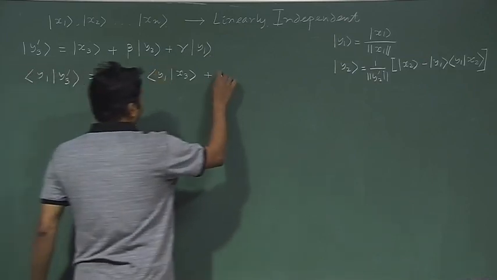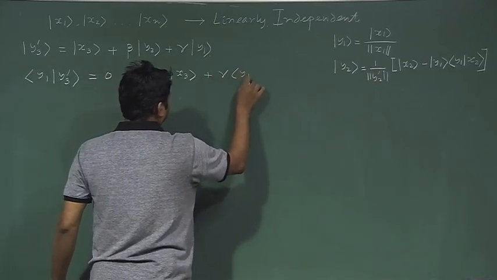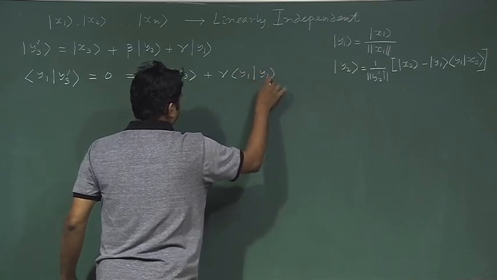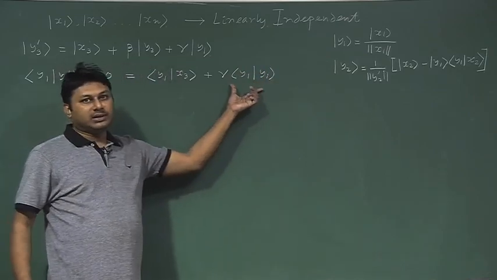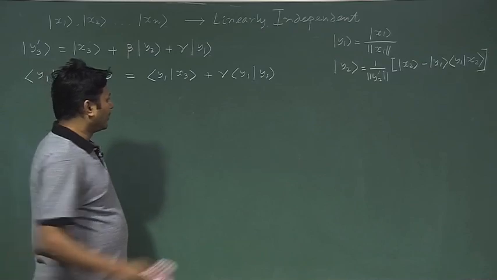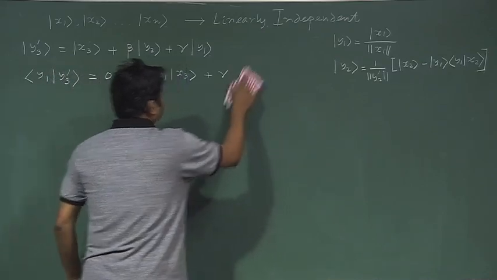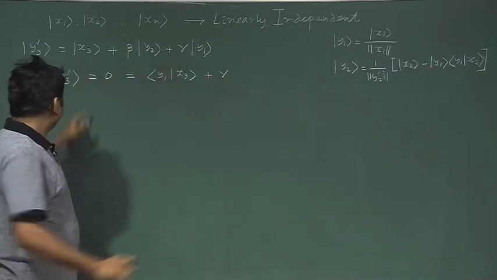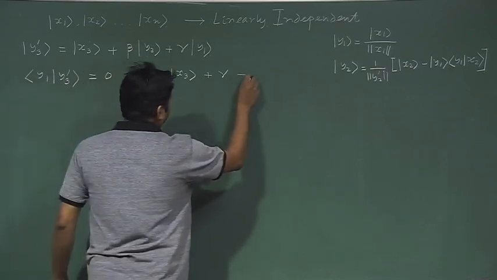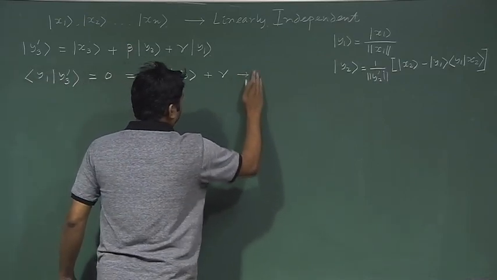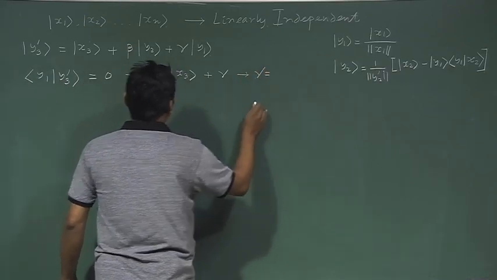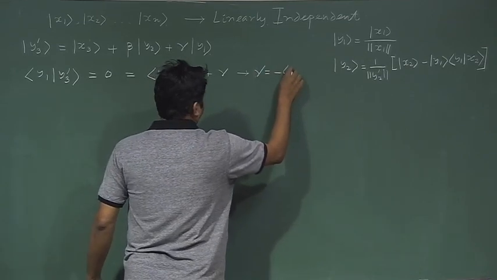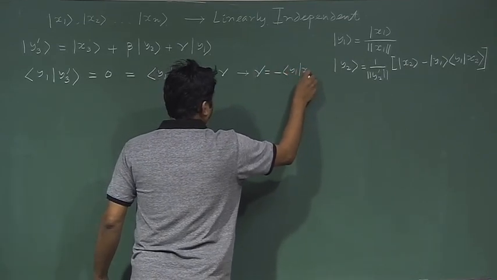Only gamma remains, times y1 y1, and y1 y1 is nothing but the unit vector, so this is 1. So, I will get this, which is 0. So, what will be my gamma? From here I find that gamma is equal to minus y1 x3.